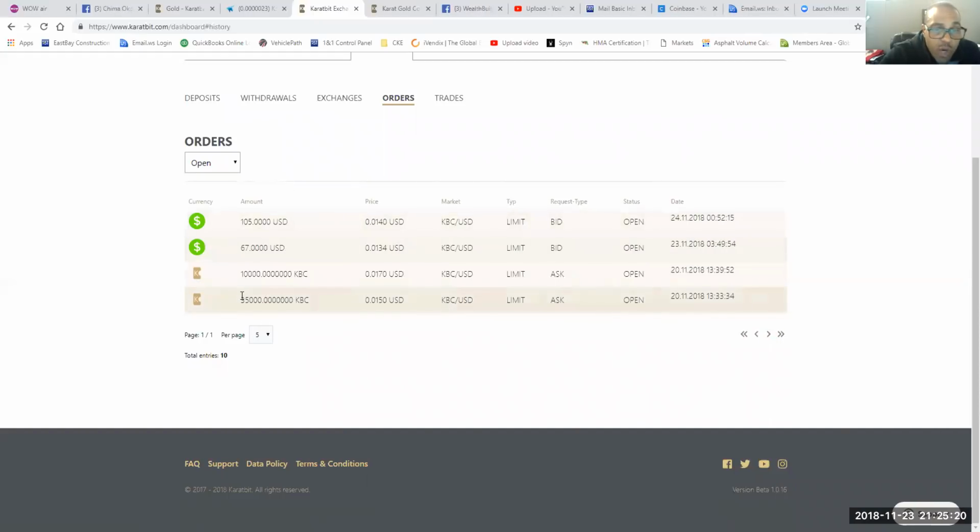And so the first one is the KBC coin. I'm selling it. You see that right there means I'm selling the KBC coin for 0.015 US dollars. I'm in this KBC/USD. It's a limit type, and that's my asking price, 0.0150 US dollar for this many KBCs, 3,500.